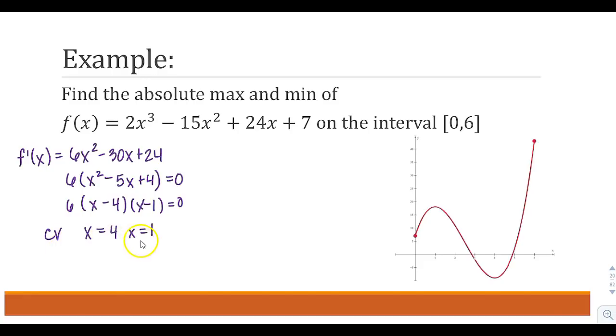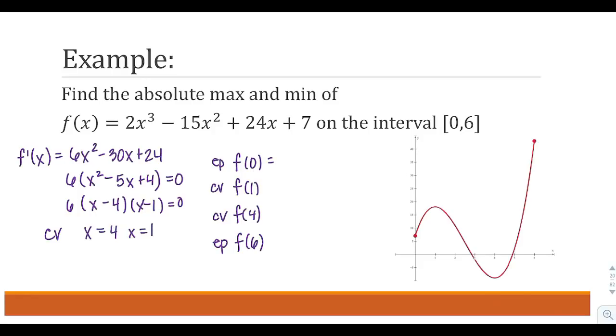We take the critical values 1 and 4, as well as the endpoints 0 and 6, and substitute them into the original function to find the corresponding y values. So we find f of 0, f of 1, f of 4, and f of 6. So this is an endpoint, a critical value, a critical value, an endpoint.